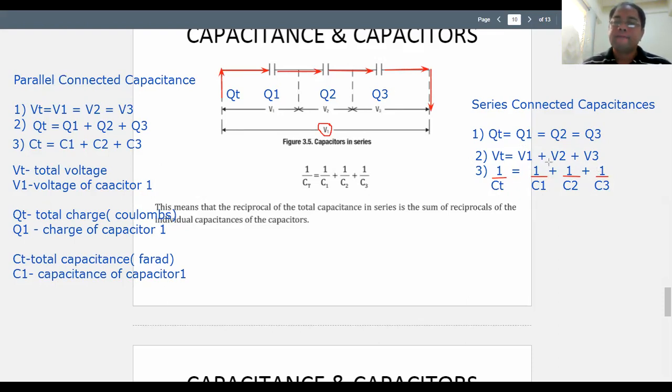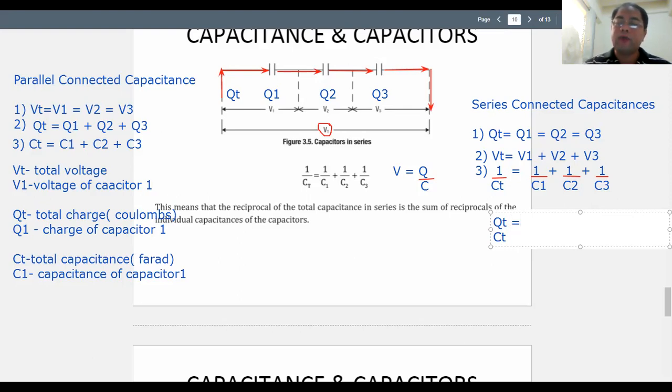So if our general equation is, if we solve for V, if V is calculated as Q divided by C, that's the equation of our V. Then we will realize that for each V value in number 2, we can write V total as Q sub T all over C sub T. That's for equation 2.